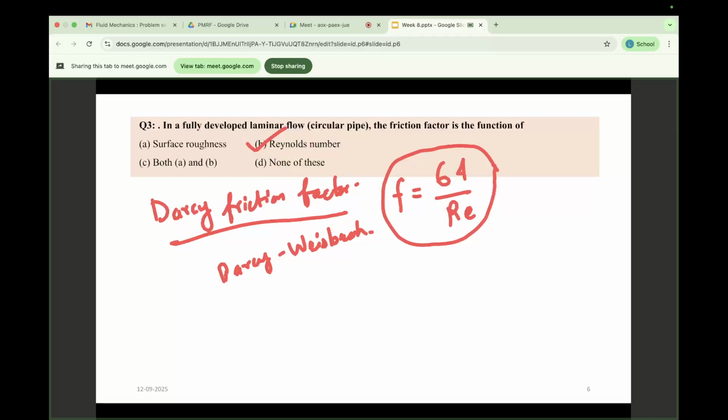Another important thing, apart from this question: as it's a fully developed laminar flow, it should have a parabolic velocity profile. As it is a parabolic velocity profile, there should be a balance of shear at the wall, right? In that case, it always assumes viscous flow.